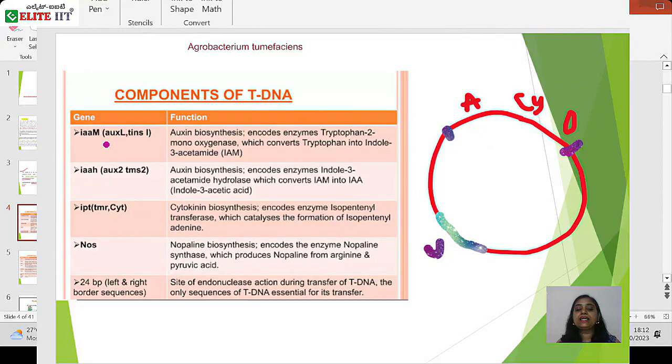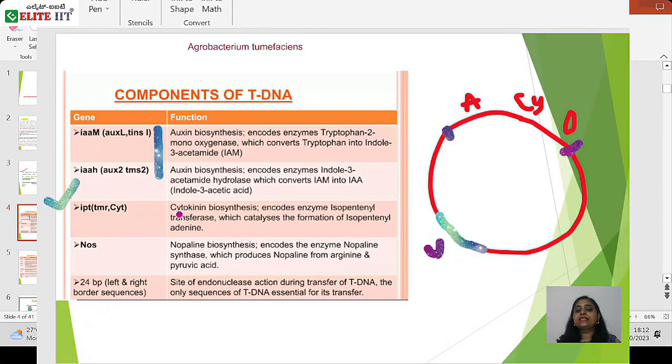Auxin biosynthesis is happening; it encodes the enzyme tryptophan 2-monooxygenase. You don't have to remember that. If possible, just remember the names of the genes: OXL TMS1, OX2 TMS2. These two are involved in auxin biosynthesis. Now, if you consider IPT, TMR, for cytokinin.